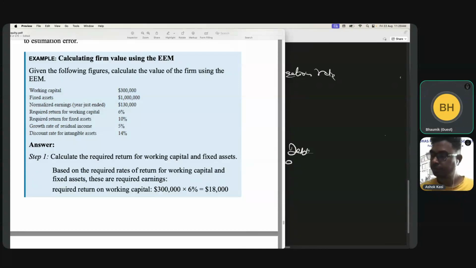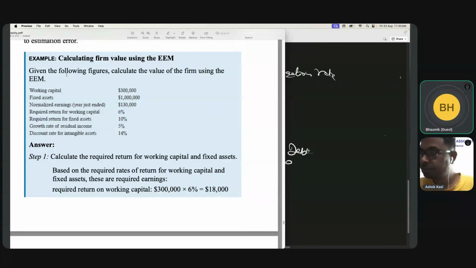But working capital is something we use to run the business. Whatever profits you are getting, you can allocate some part to the working capital. We had sufficient working capital, and through that sufficient working capital, we got some results and we got profit.